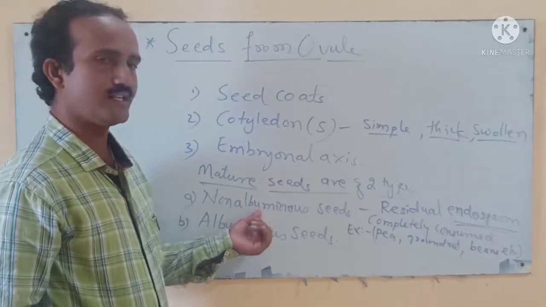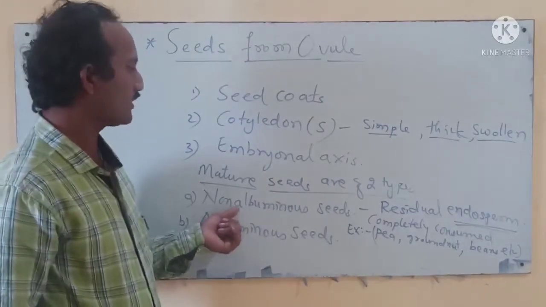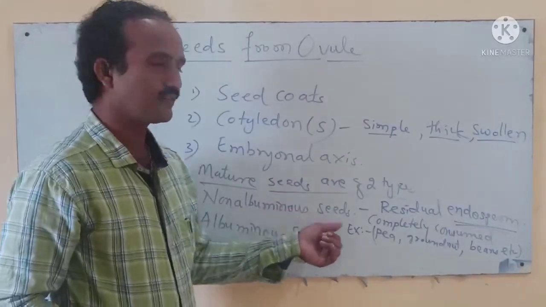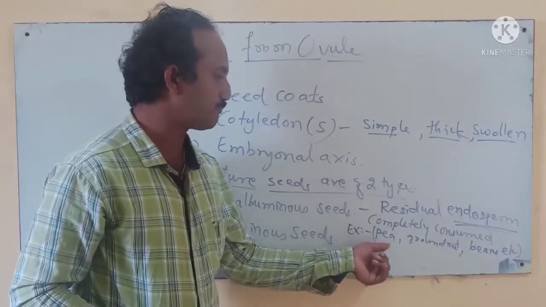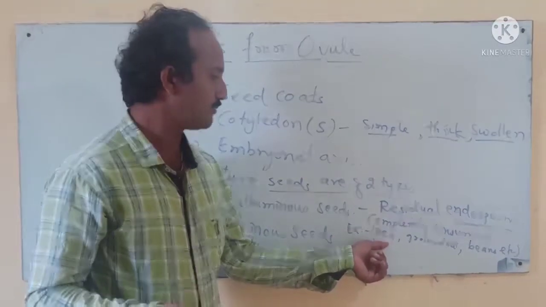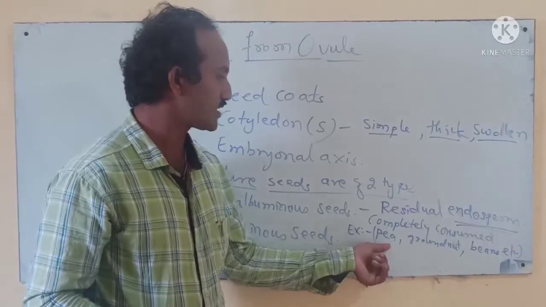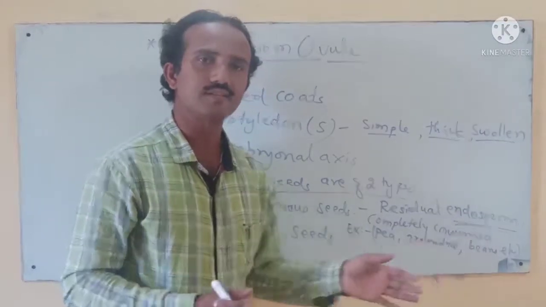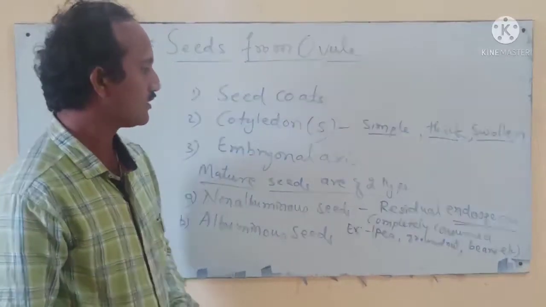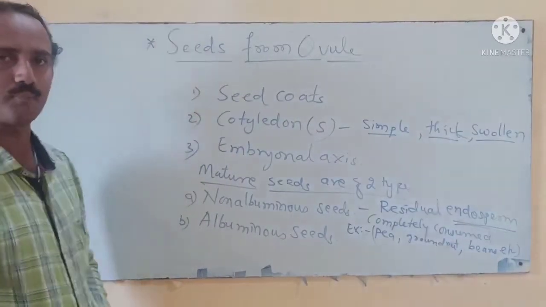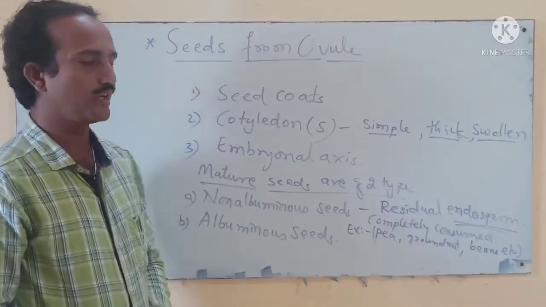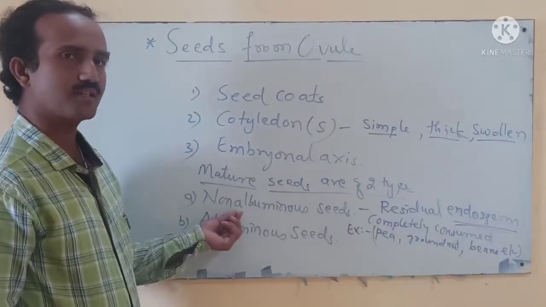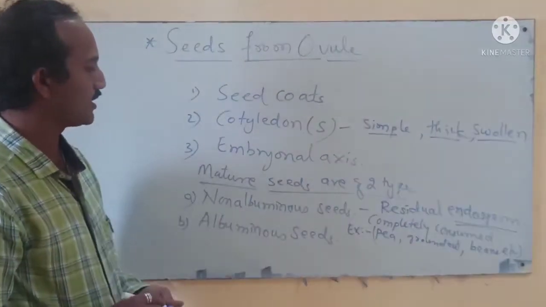Examples are pea, which we can discuss in first year, then groundnut, then beans.